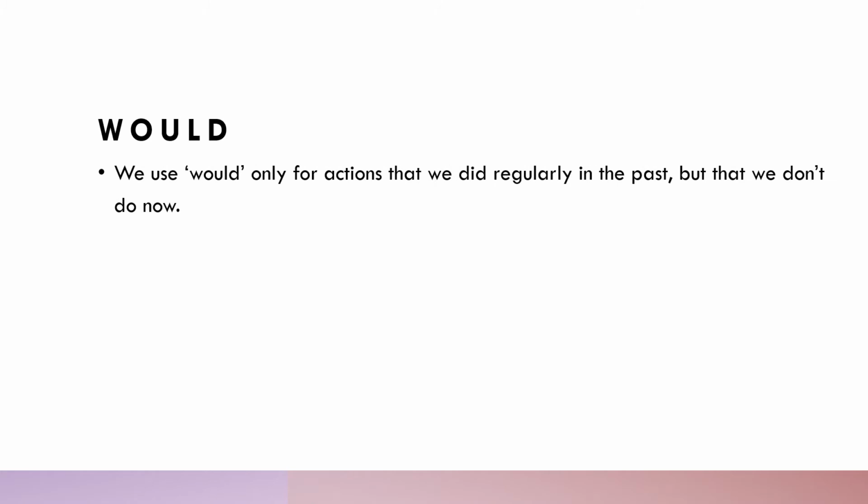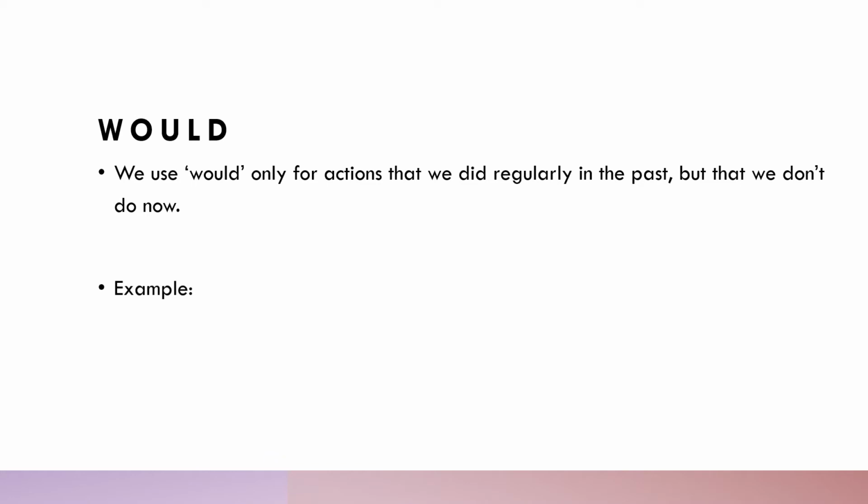Okay, now let's take a look at would. What is the function of would? We use would only for actions that we did regularly in the past, but that we don't do now. It means we use the word would for actions that we normally did in the past, but we don't do now.